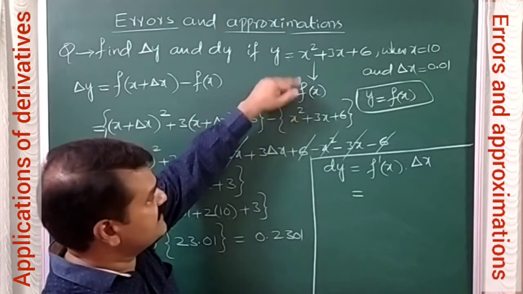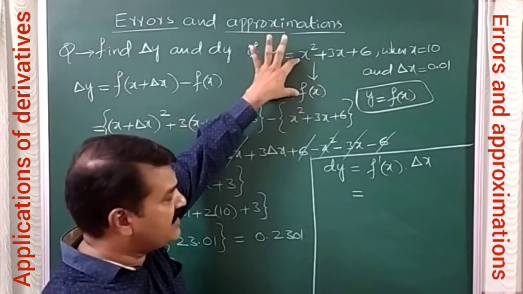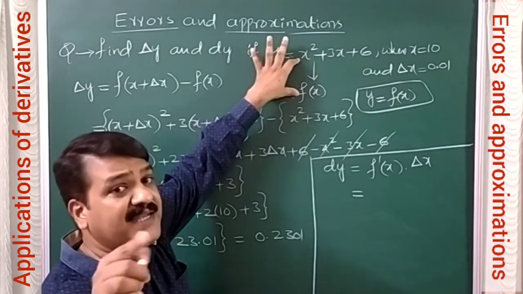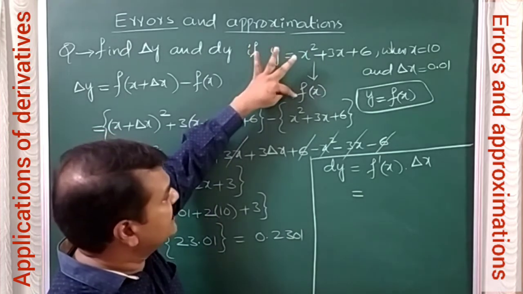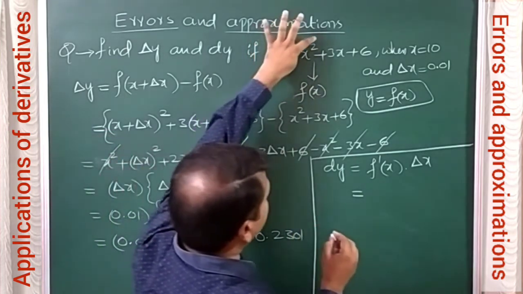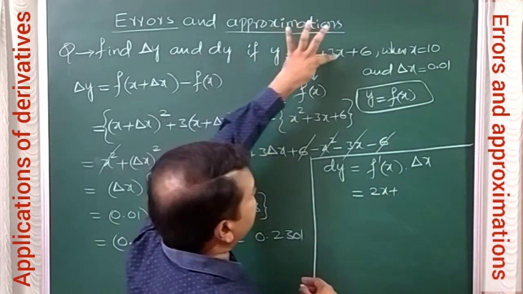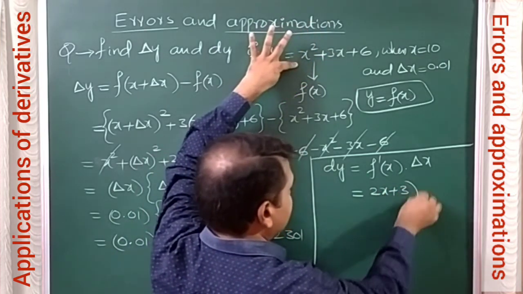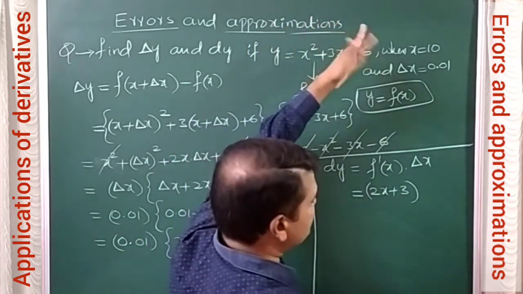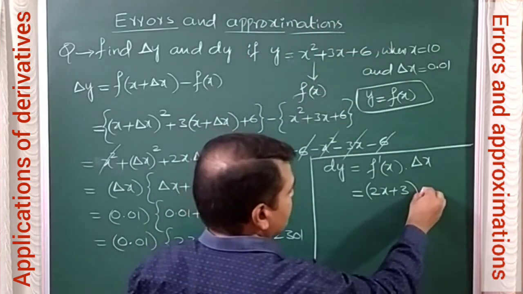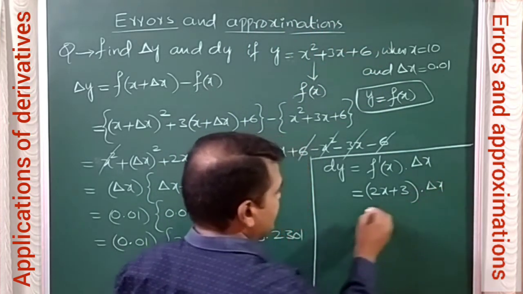This is f of x. F dash of x means derivative of f of x. Derivative of x square is 2x and derivative of 3x is 3. Derivative of 6, being a constant, is 0, into delta x.